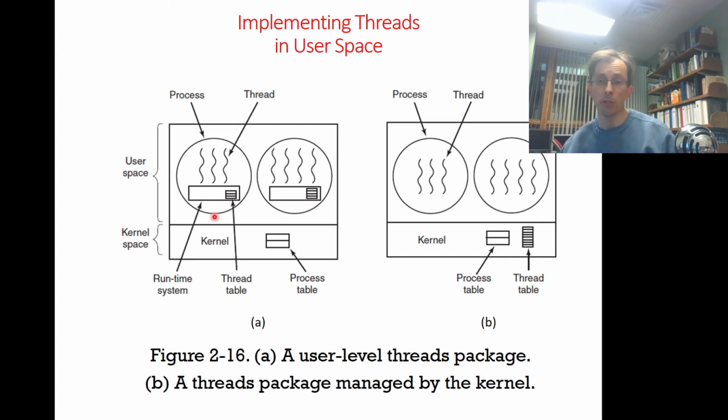It stores its registers into the table, looks in the table for a thread in the ready state that can run immediately without anything else being done, and loads its machine register values from the table into the actual physical registers. Eventually, it could go into a sort of virtual CPU, and because the kernel doesn't know about threads, it sees that it has this program counter now and some of these other register values because the runtime system updated them. It should use those values when it's working with this process, and it just goes forward with that.